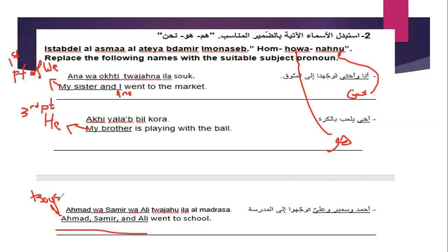Because we are talking about them here, we're saying they went to school, then the pronoun here is they. And they, when I'm talking about a group of boys, using the third point of view, it is hum, okay? But if I'm talking only about a group of girls, it's not hum, it's hunna. Be careful with this. If you're talking about a group of girls, it is hunna.